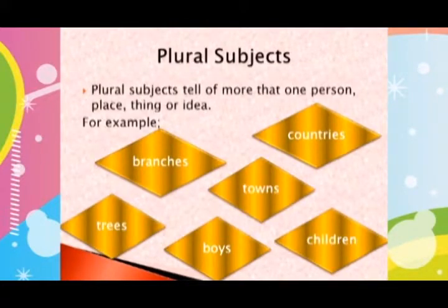Remember, plural subjects tell of more than one person, place, thing, or idea. For example, branches, trees, countries, towns, boys, children. All of these represent more than one.